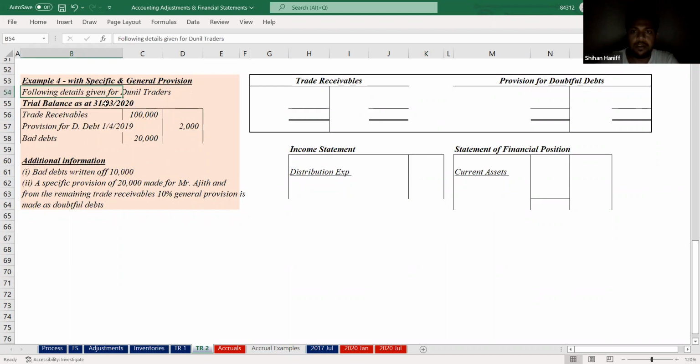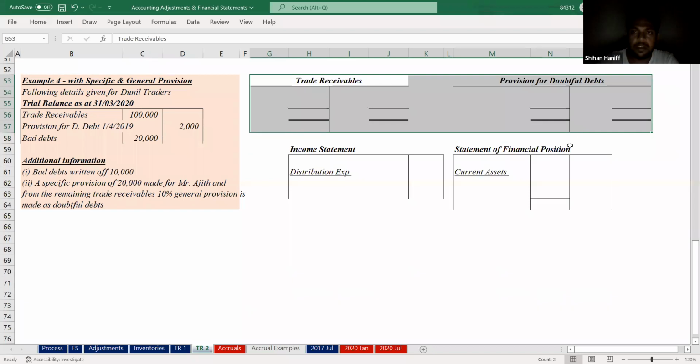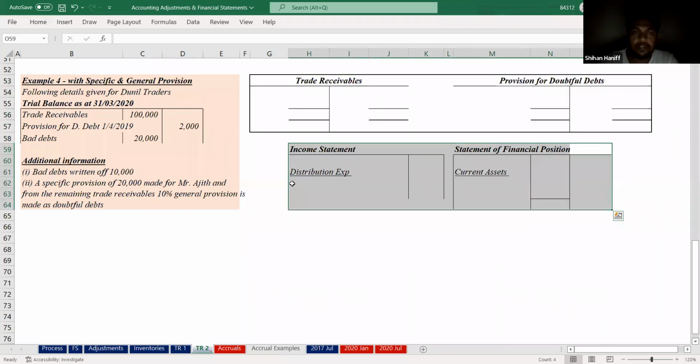Following details given for Dunil traders: opening balance, bad debts, specific 20 made for Mr. Ajit, and from the remaining trade receivables, 10% general provision is made as doubtful debts. Okay, I'll give 5 minutes for you all to try this question. Prepare the relevant ledger accounts and the financial statements. Ask me questions if you have any.